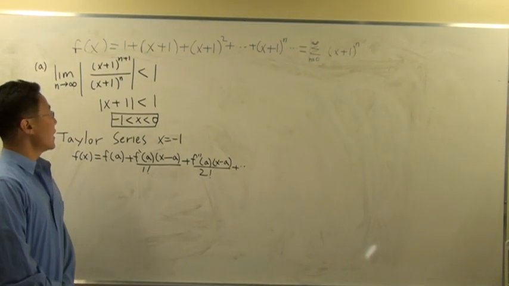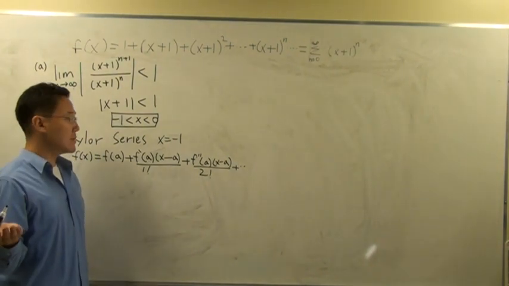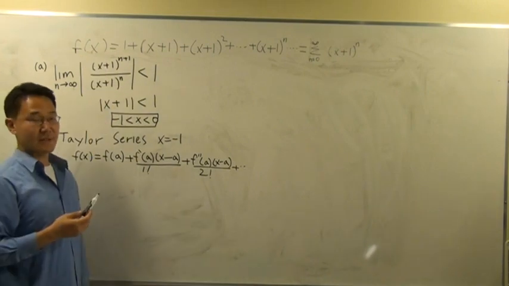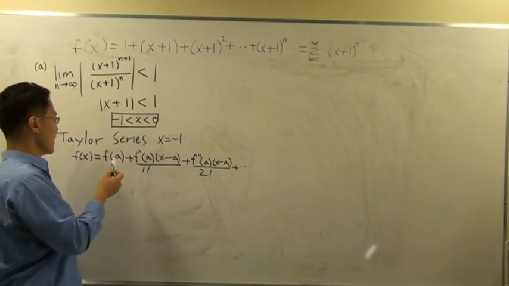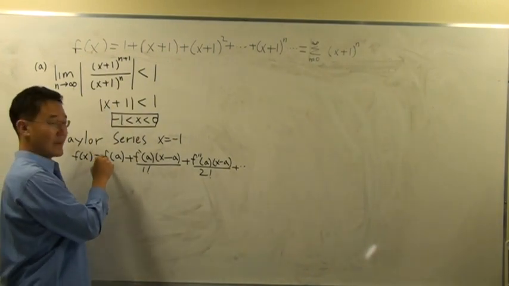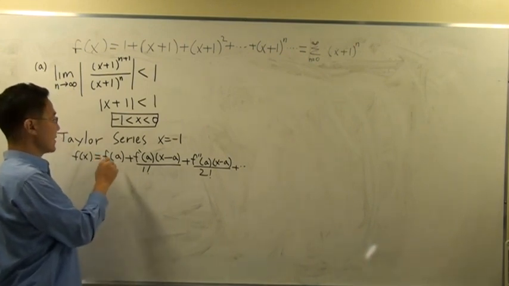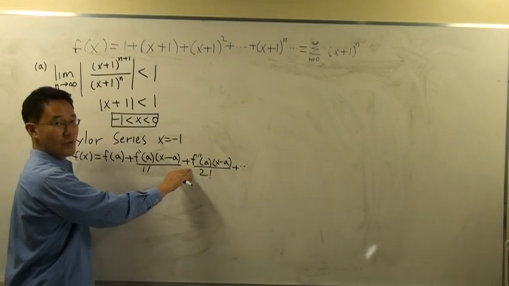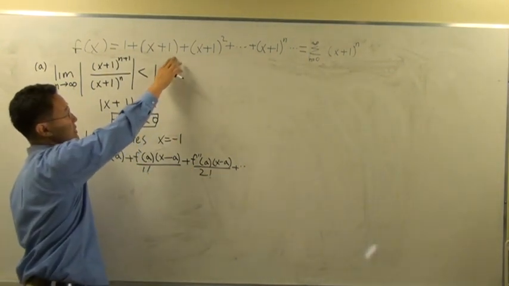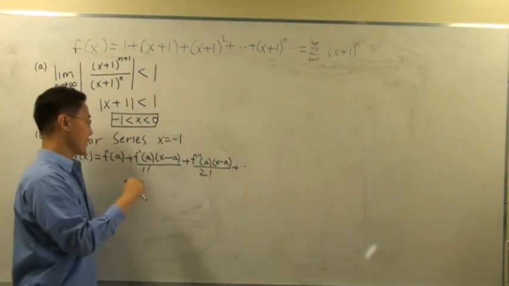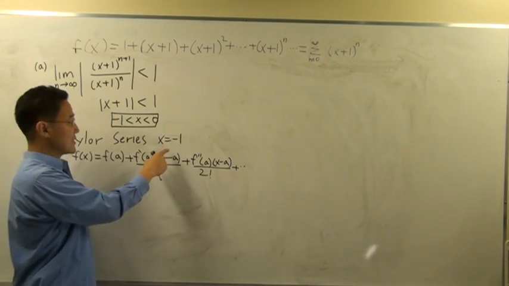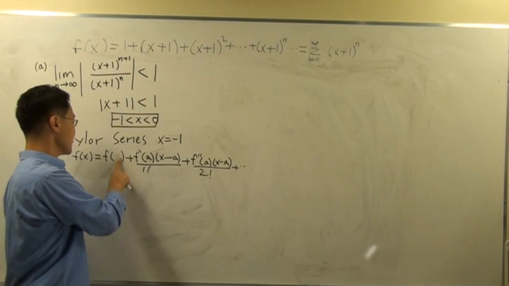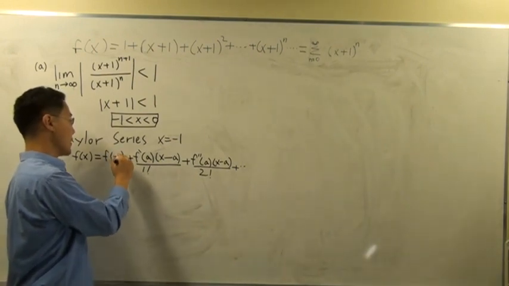Okay? And since the problem is asking us to evaluate what f of x is, we have to find a function f of x such that the expression for this Taylor series reduces down to the expression for this sum. First, we know that since this is approximated around minus 1, all the a's become minus 1s.